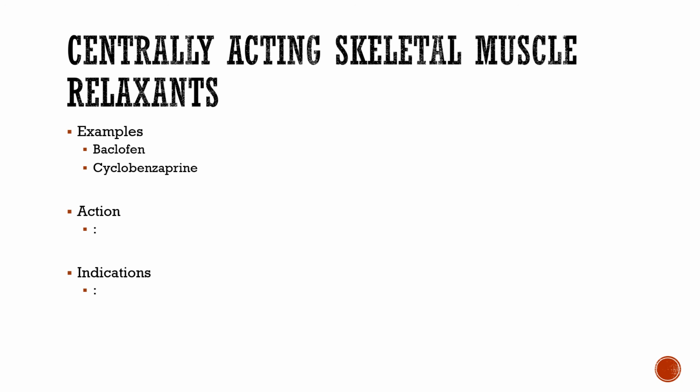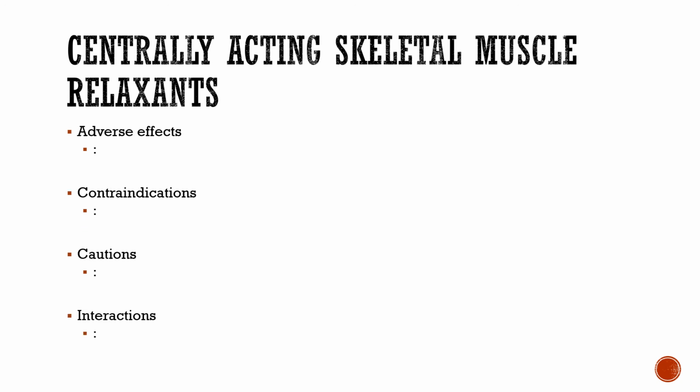They interfere with that reflex that's causing the muscle spasm and help relax that muscle. And so that's our indication: spasm and spasticity. Our adverse effects, well, they're centrally acting. They act on the central nervous system, so that already tells us our adverse effects: dizziness, drowsiness, confusion. It can also cause a little GI distress, and these can cause dependency, so we'll keep an eye on that.